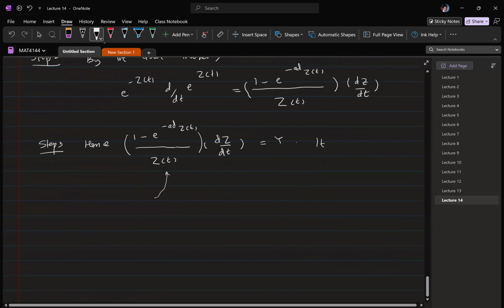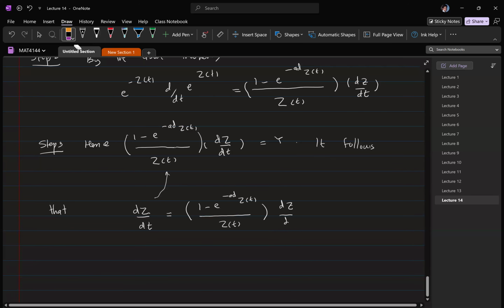In other words, it follows that dz dt is the inverse of 1 minus e to the minus ad zt over ad zt, applied to y.